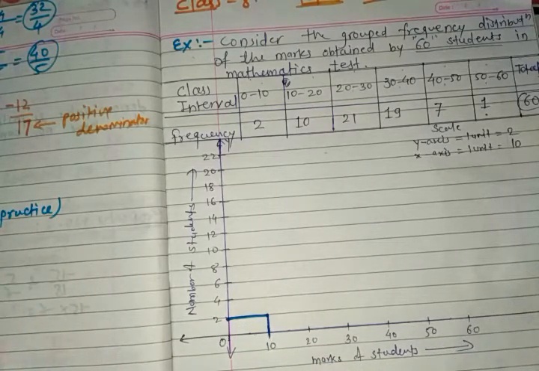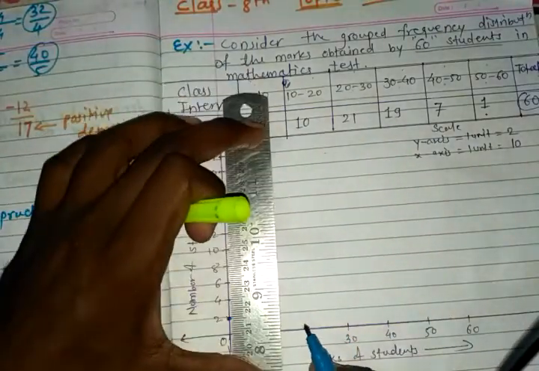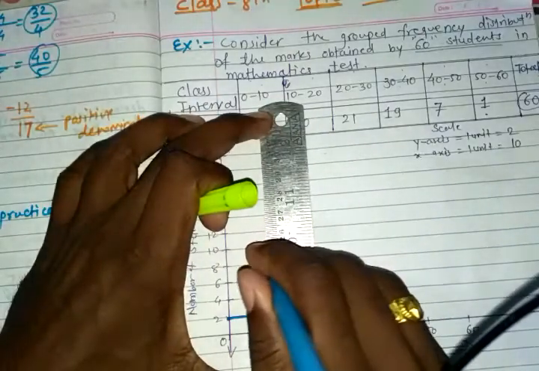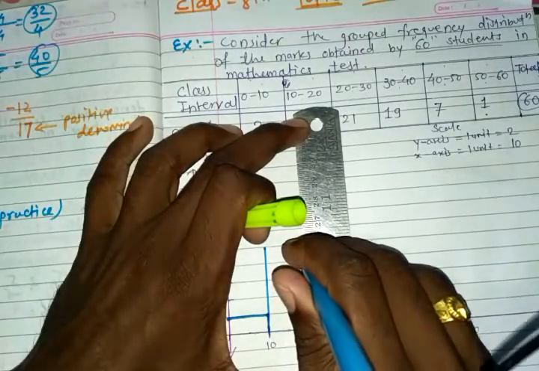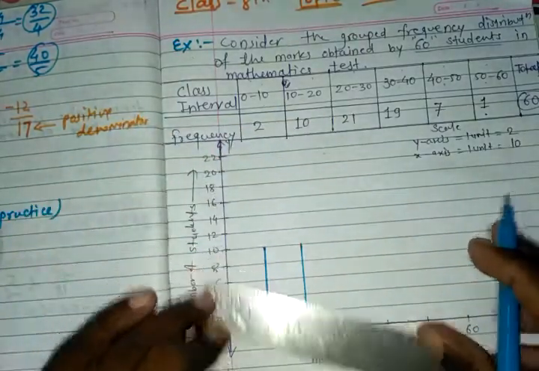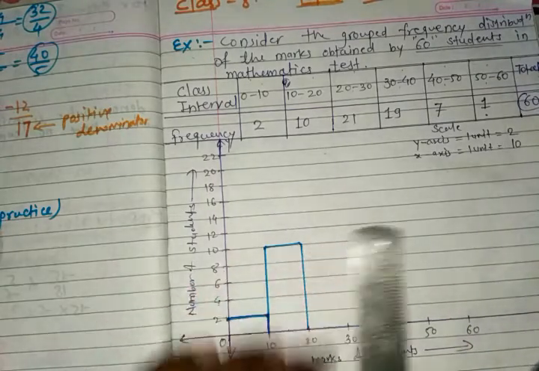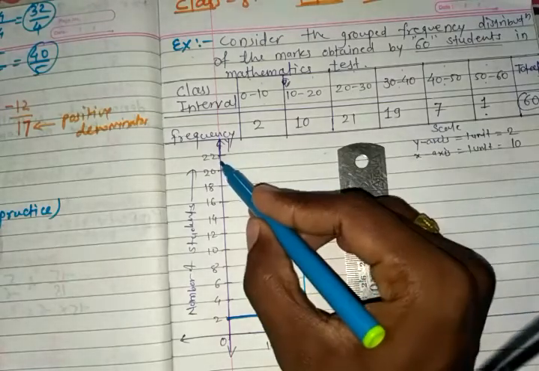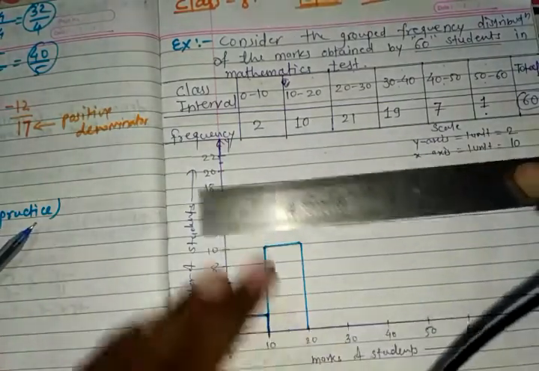After that, 10 to 20, it is 10, means this line. Then 20 to 30, 21. So 21 is in between this. So we will first take this line.